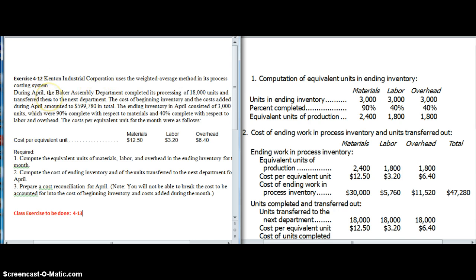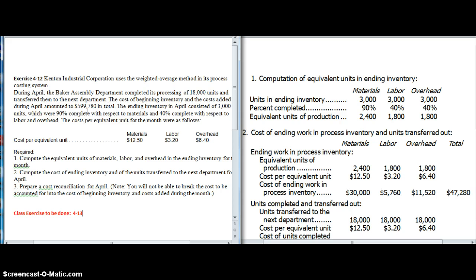During April, the Baker Assembly Department completed its processing of 18,000 units and transferred them to the next department. So 18,000 units were the completed units transferred. The cost of beginning inventory and the cost added during April amounted to $599,780.